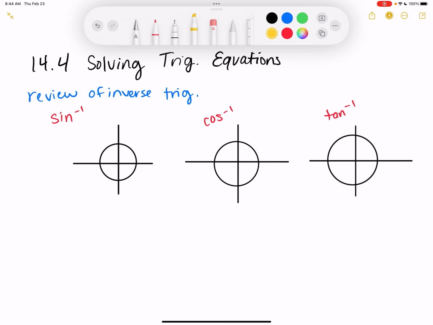So sine occurs on the right-hand side here. And I'll write its domain in a second. Cosine occurs on the top. And tangent occurs on the right side.